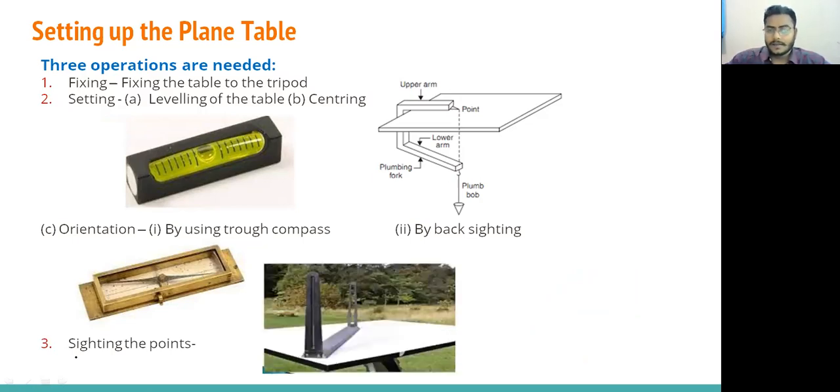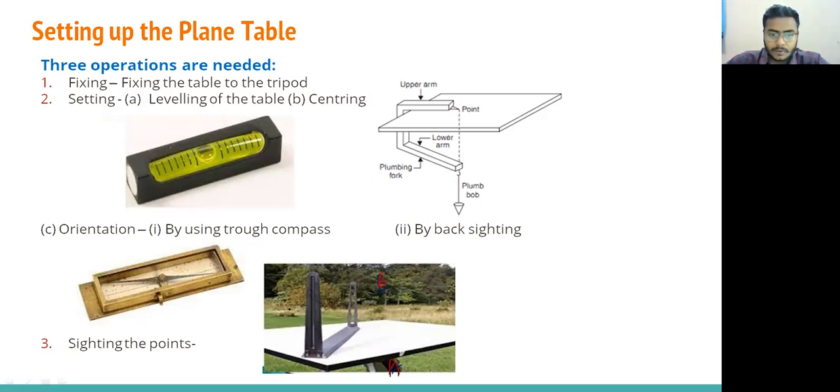Sighting the points. By using the plane alidade or telescopic alidade, we can do the sighting. Suppose we have set the table at station A, and this is station B. Then we can draw a line.